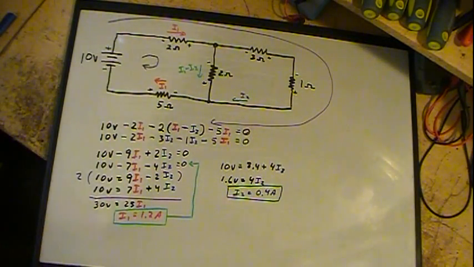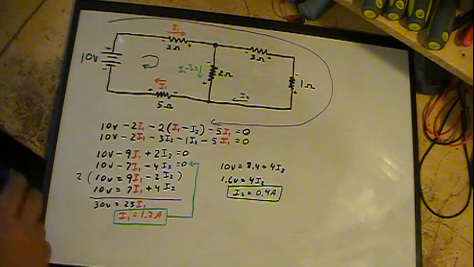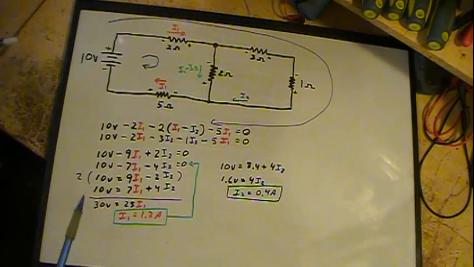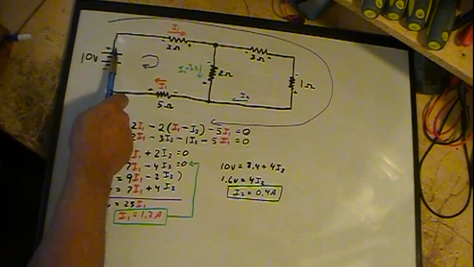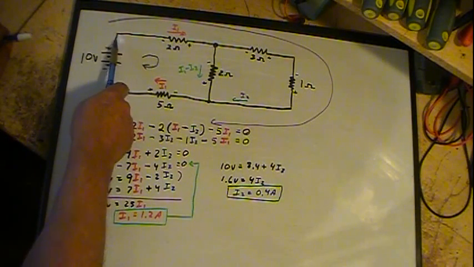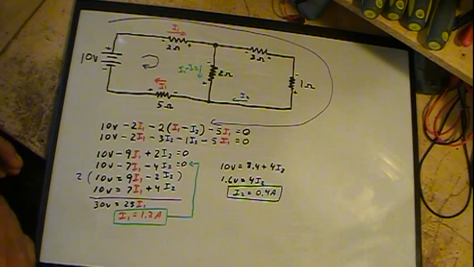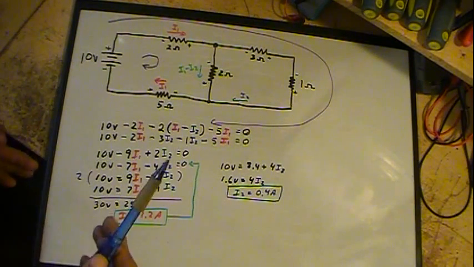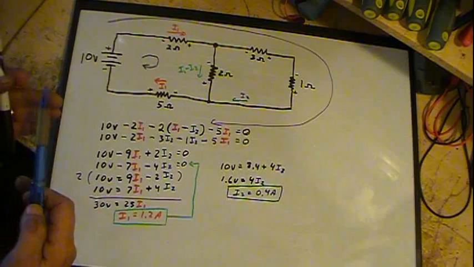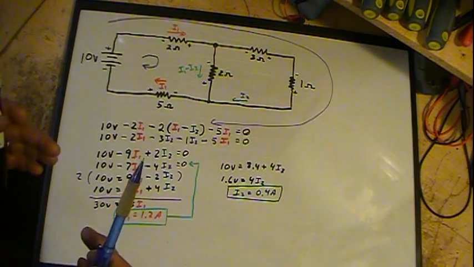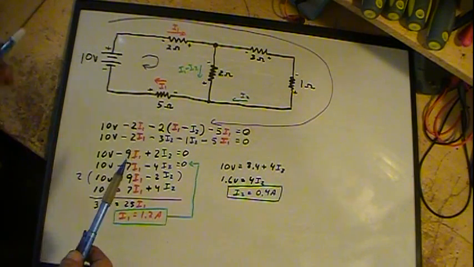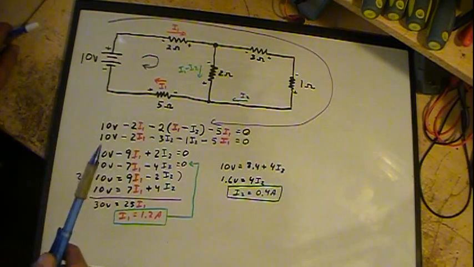Now, I need to talk about convention. If I follow the rule of current traveling from positive to negative, now you can use whichever convention you want. You can go negative to positive also. But in this case, we followed positive to negative.